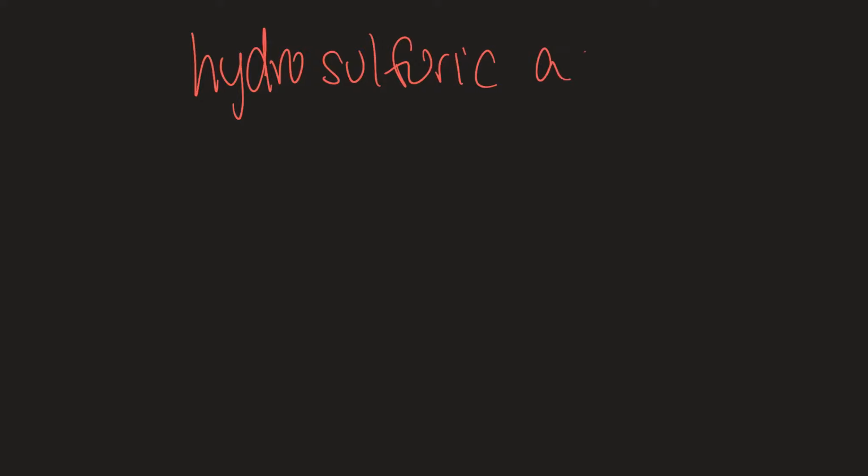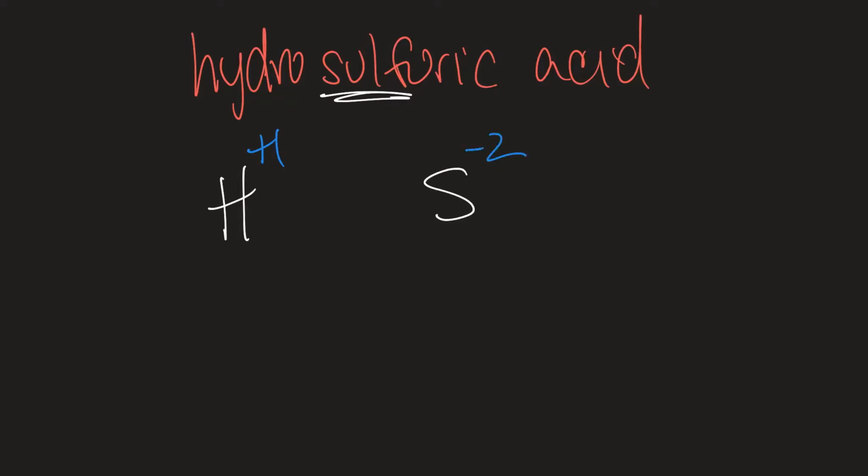Okay, let's look at another example of writing the chemical formulas for acids. Let's say we're dealing with, oh, here's a good one, hydrosulfuric acid. We always know that we have hydrogen, and then we look at the root, sulf, so sulfur, S. You have to consider the charges for each of them. We know hydrogen is always a +1 charge, sulfur is always a -2 charge.